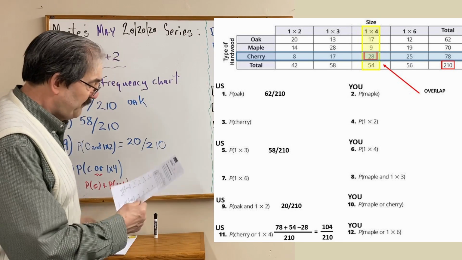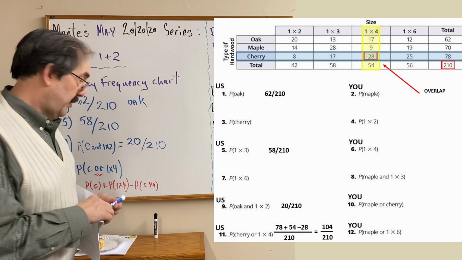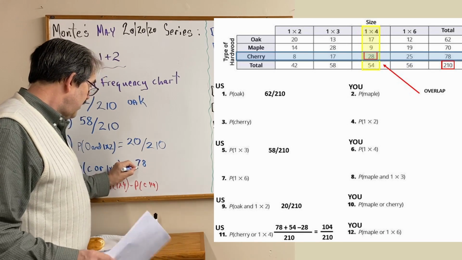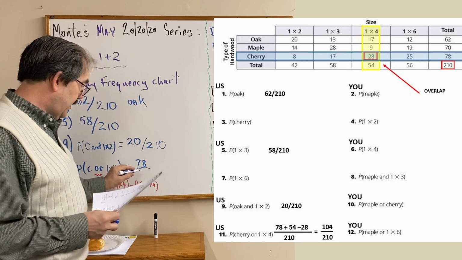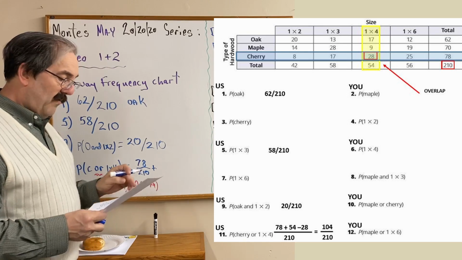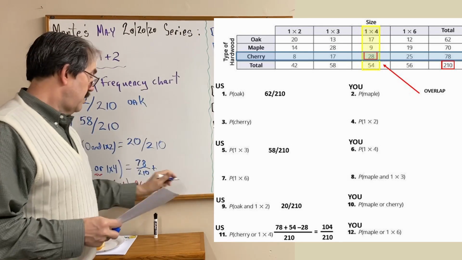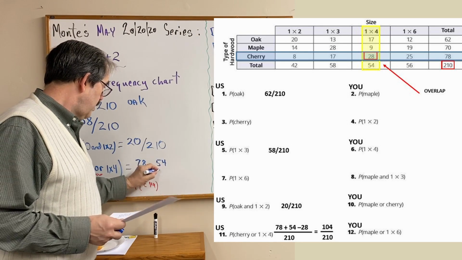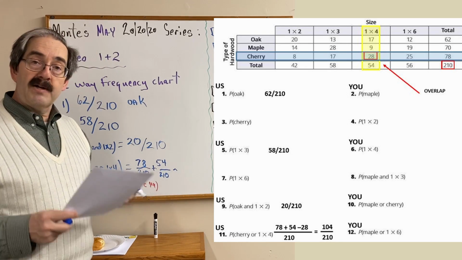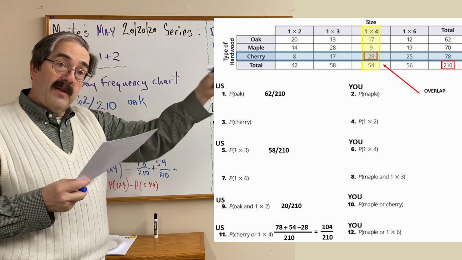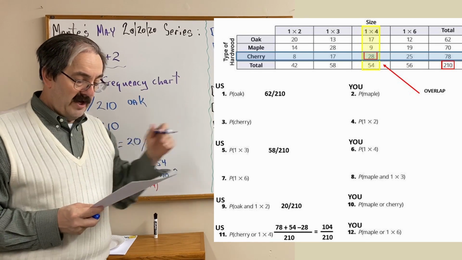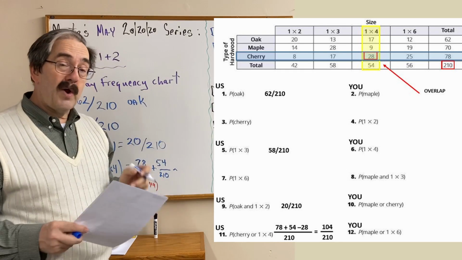So let's do it. Probability of cherry. How many cherries are there? 78 over what? 210. Probability of a 1 by 4. How many total? 54 of the 210. Now we got to subtract off. Here's the glitch. You see the overlap? Got it highlighted there in red? The overlap of the cherry and the 1 by 4 is the 28.